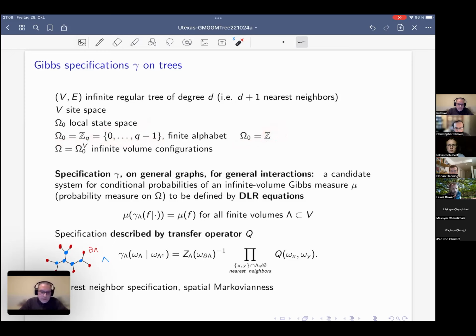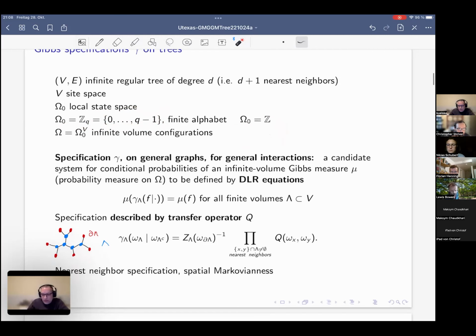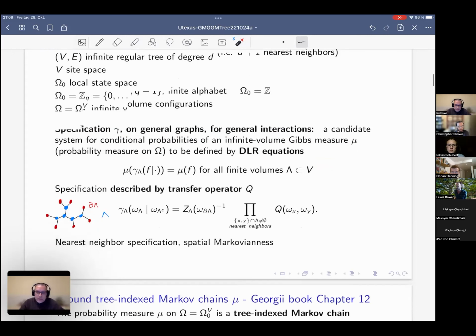abelian groups. In statistical mechanics, you would like to describe infinite volume measures, and you cannot write down formulas right away, because you need to define things in terms of specifications. What is a specification on a general graph? It's a candidate system for conditional probabilities of an infinite volume Gibbs measure.